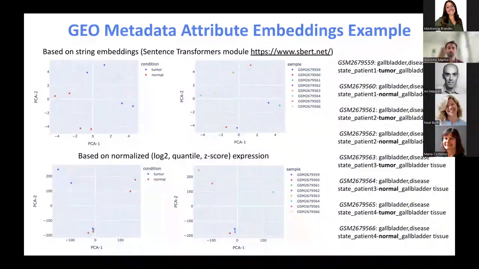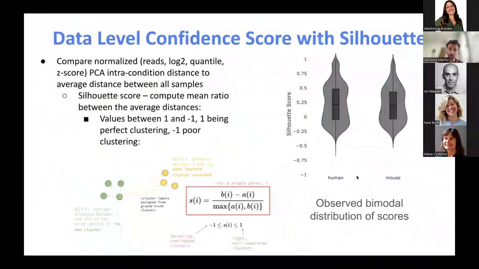But this is part of the reason why we chose to use the metadata to actually partition and group the samples. And then we can evaluate how well that aligns with the data afterwards, which is done with this data level confidence score, the silhouette coefficient. And this basically reflects the tightness and separation of the clusters with a value of 1 to -1.